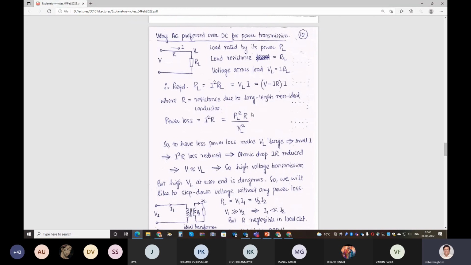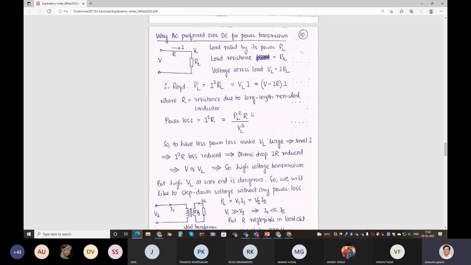Because when I said that when omega is large, you have a problem transmitting radio waves, someone pointed out that if so, why don't we use DC? In that case your frequency is 0, so there will be no effect of L and C, so that will be fine.